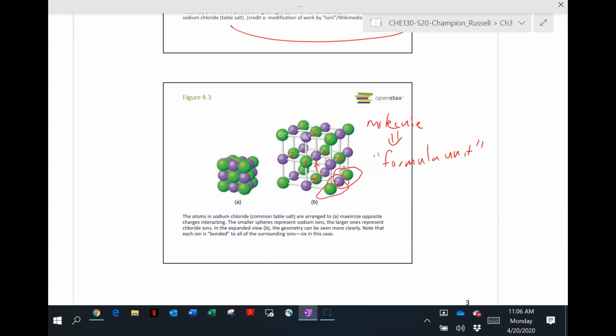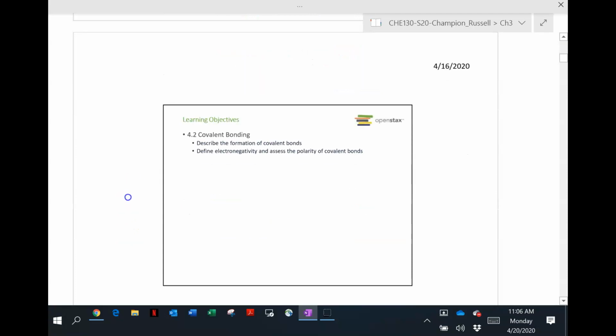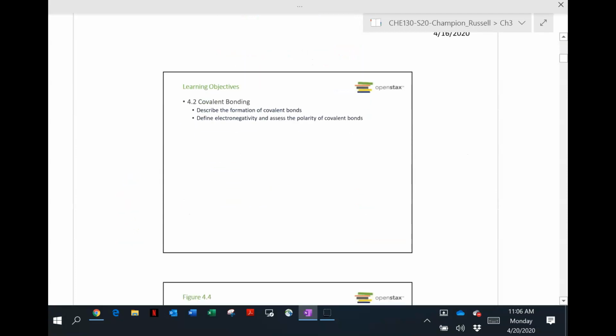So it's the same view, it's just not blown up and expanded so that we can see better what's going on. A lot of understanding chemistry is being able to imagine these representations of matter at the atomic molecular scales and being able to work with those.